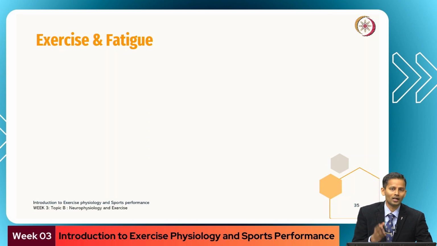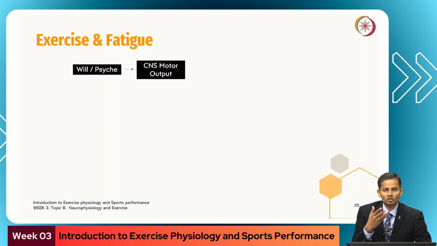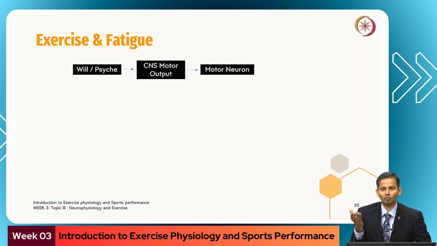Another important consideration with respect to neurophysiology and exercise is understanding the concept of fatigue and the importance of the central nervous system in contributing to fatigue. So let's see, we know that consciously the individual decides to do a motor activity and exercise, for example running, and then a CNS motor output is delivered to the motor neuron.